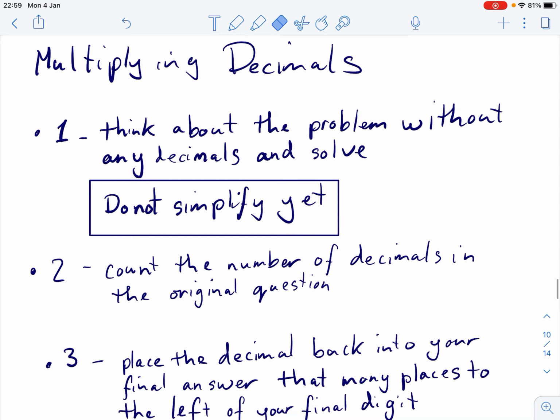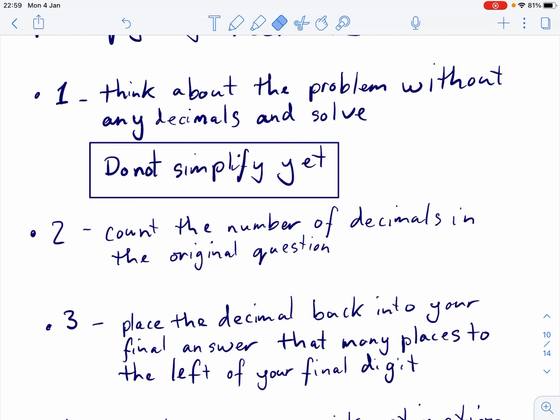Okay. Then we count the number of decimals in our original question. So let's keep that 2.1 times 3 up, and we're thinking about this as 21 times 3, which we said was 63. So I'm going to count the number of decimals in the original question. Now in this particular example I've just got 1.